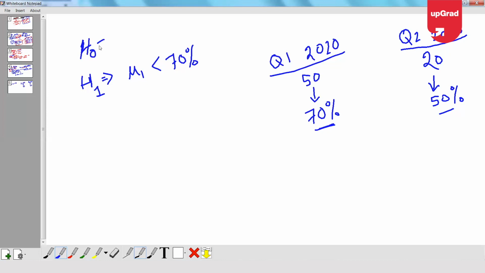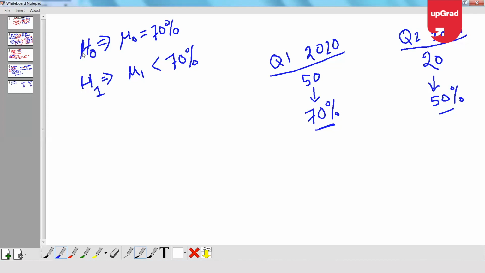And in this case, my null hypothesis is that my mu0 ideally should be greater or equal to, but in this case it cannot be greater in any case. So let's be lenient and let's put equal to. So now, as I said, I cannot test H1, so I can only test H0.